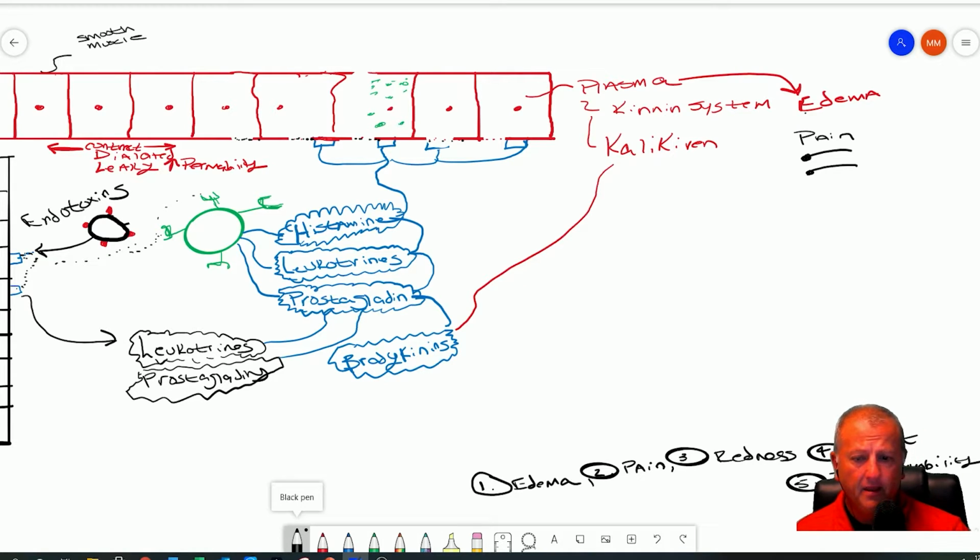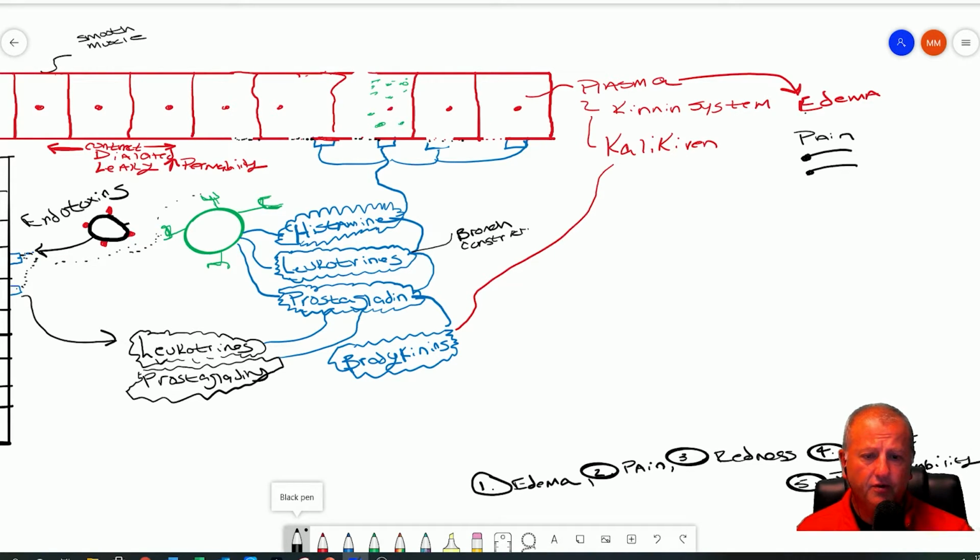All right. Other signs and symptoms. Remember, this is a pneumonia type bacteria, so it's going to attack the lungs, but it doesn't have to be a pneumonia bacteria. It could be any type of bacteria, but we have leukotrienes. And these leukotrienes are the ones that cause bronchial constriction.